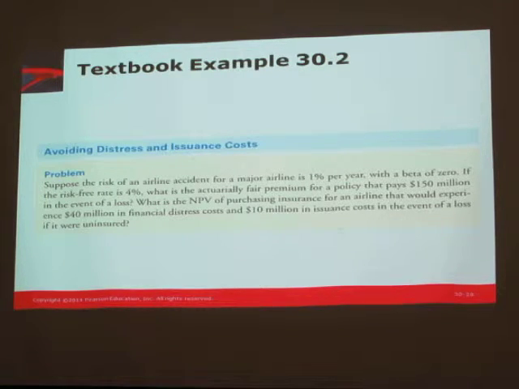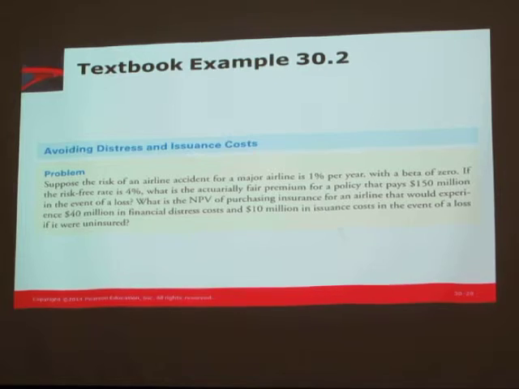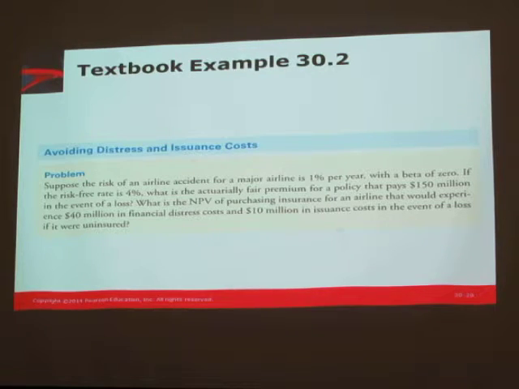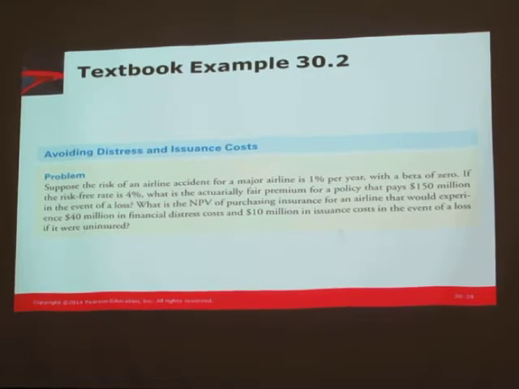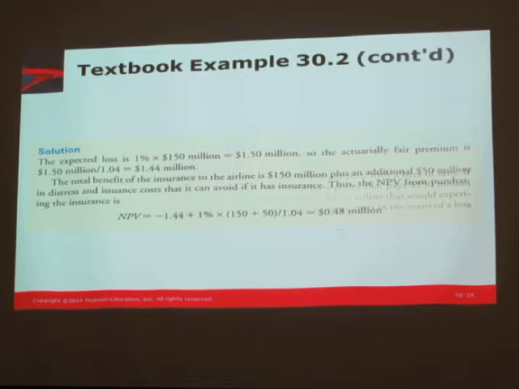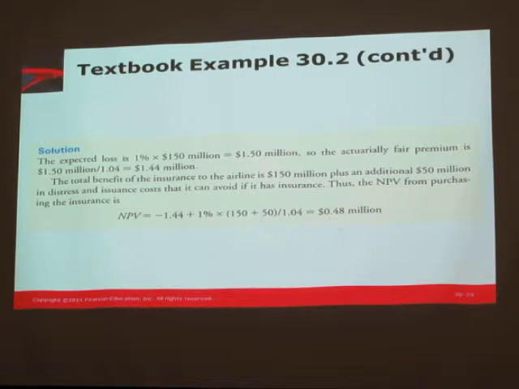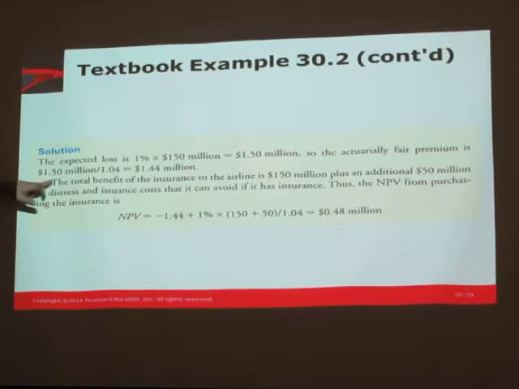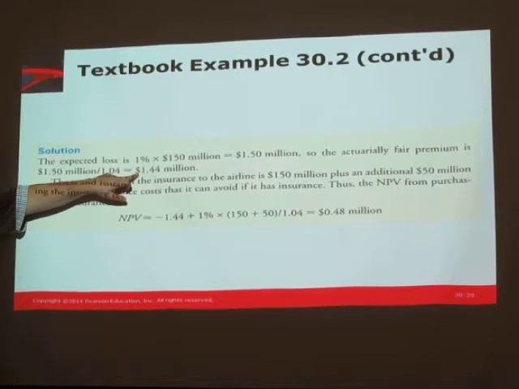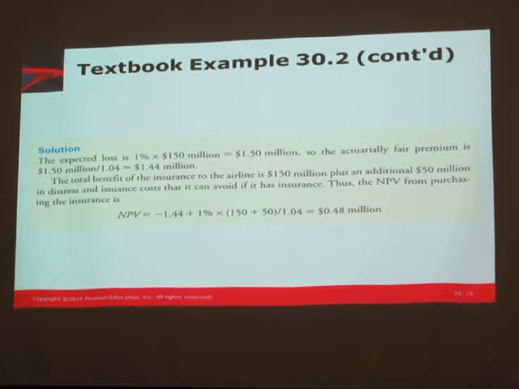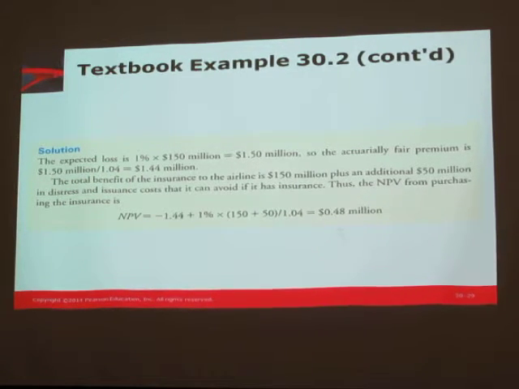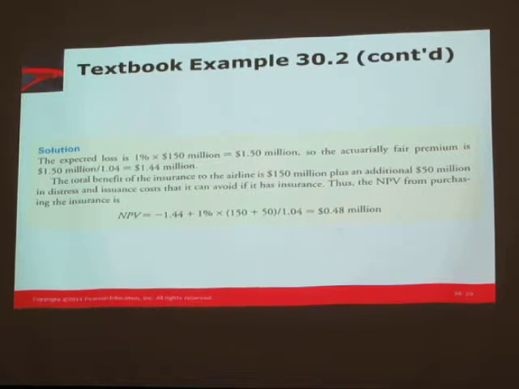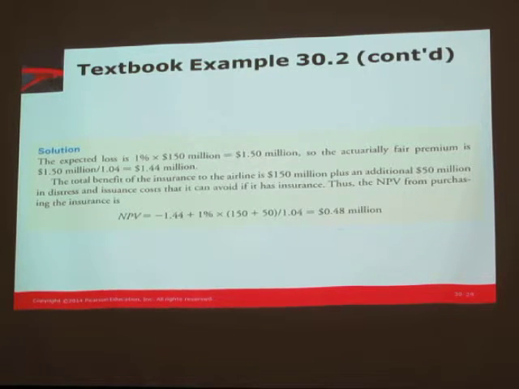Multiply by 1%, whatever that equals, and then divide that by 1 plus the risk-free rate, right? Mhm. What about the uninsured part of this? It's covered as a policy. That's what we calculated there, right? Yes. So that's 1.44 million. So this is the premium, 1.44.